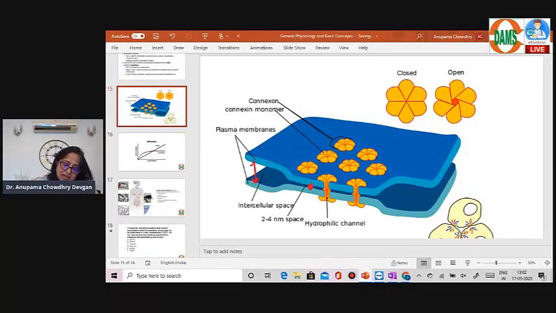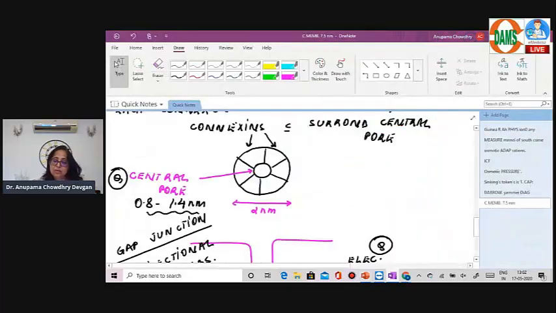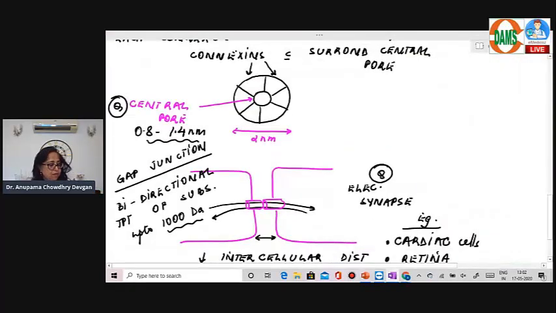Normal is 20 nanometers. Wherever the gap junctions are present, it is reduced to 3 nanometers. And like I said, connexin of one cell is aligned with the connexin of a neighboring cell, resulting in a gap junction, right?